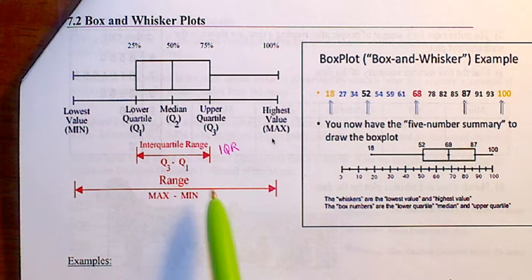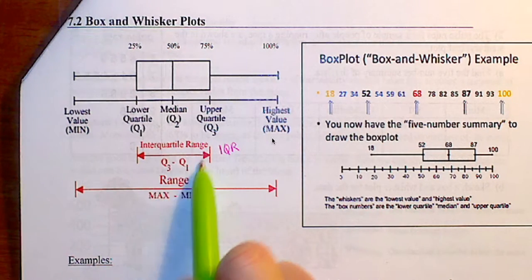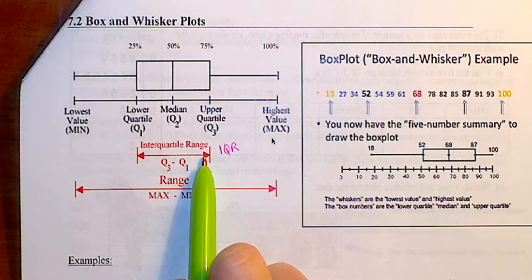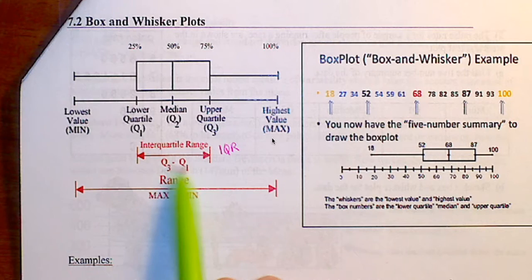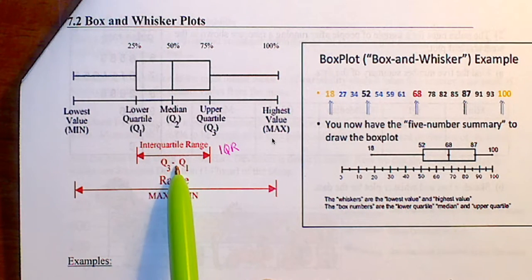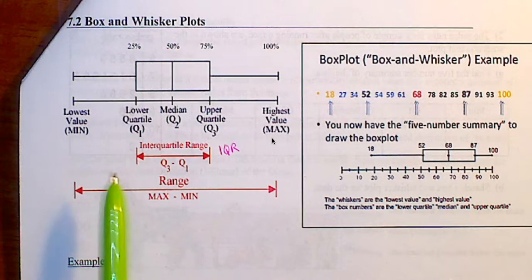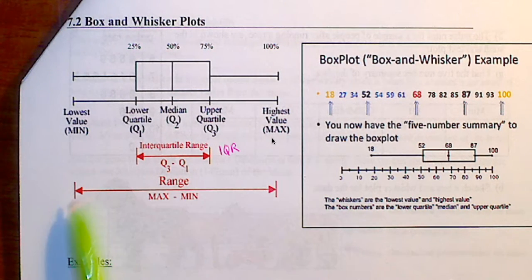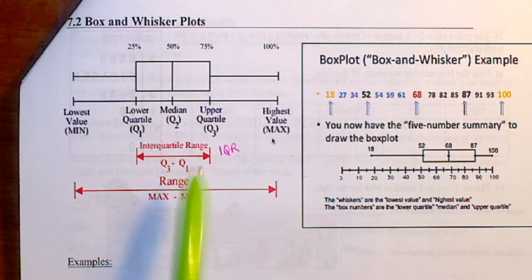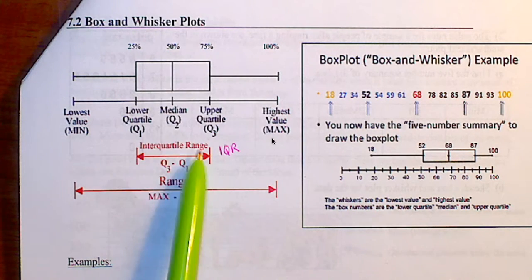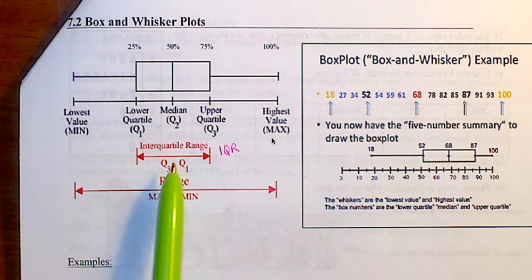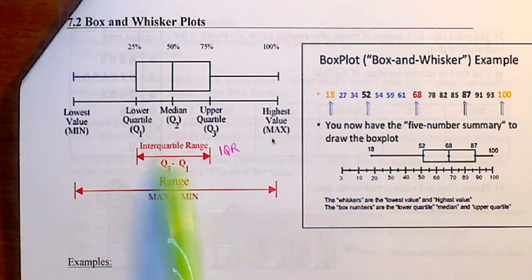And this is actually a better descriptor of the variability of the data, because it doesn't include the maximum and the minimum, and those might be outliers. So the interquartile range is a more sophisticated way to check variability.